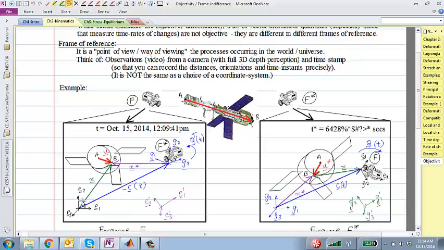So within the same frame of reference, I have any number of possible coordinate systems. A different observer gets a different picture and records different vectors. So the observer F records the vector pointing from A to B as some vector u. Similarly, the other observer will record that same vector as u star.